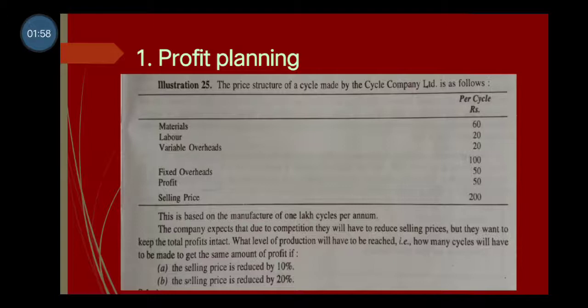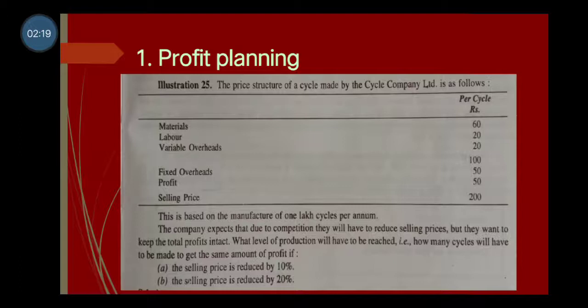So the decisions are based on contribution, or marginal costing helps to plan the future operation with the help of contribution to maximize profit or to maintain a desired level of profit. And you know that changes in the selling price, variable cost, and product mix affect the profitability of a firm.